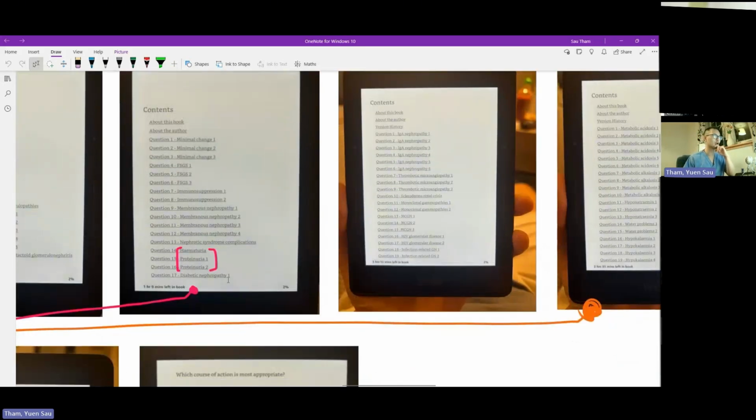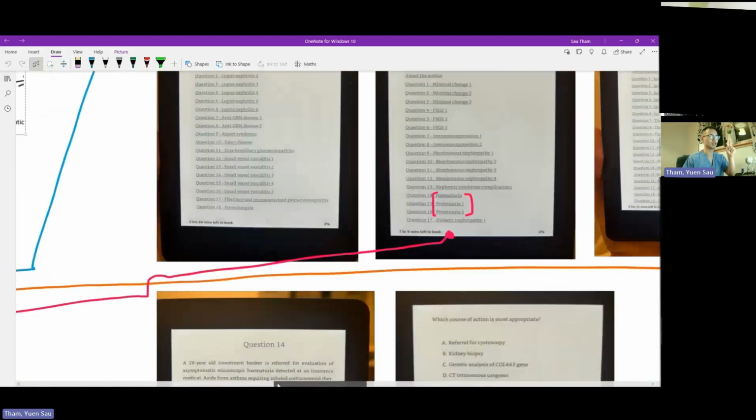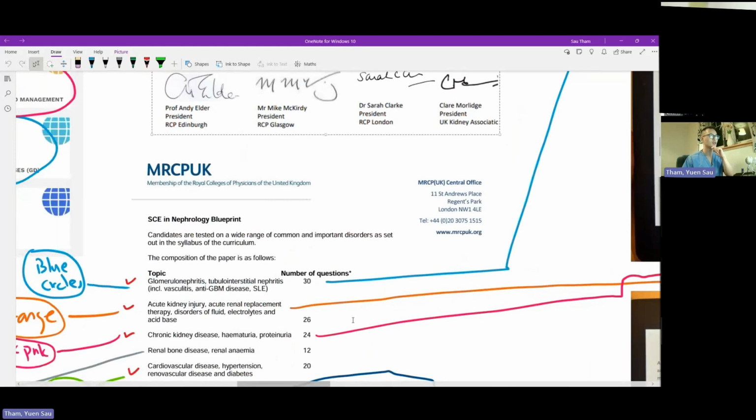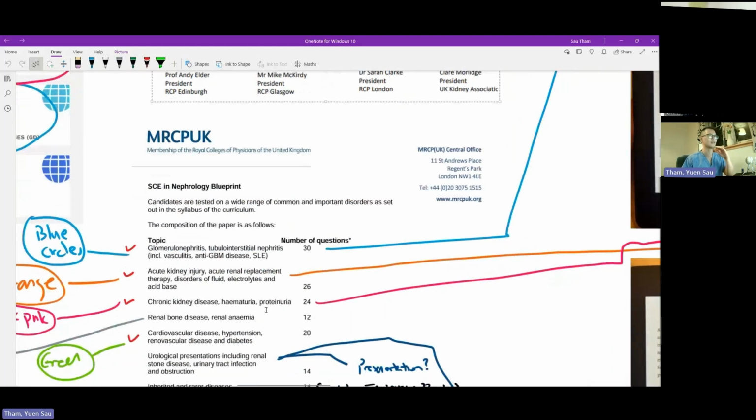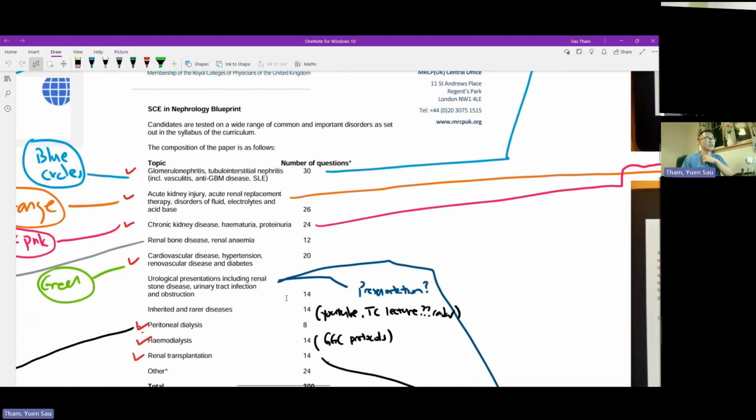And it's not long. It's not a huge textbook. It's just pretty punchy. You study that and you study the guidelines, you cover almost half of your curriculum. Cool. Any questions about that?